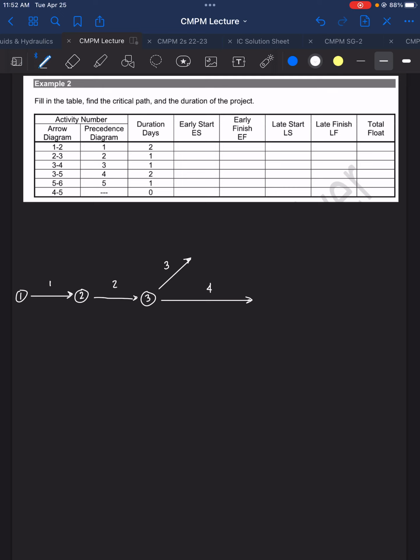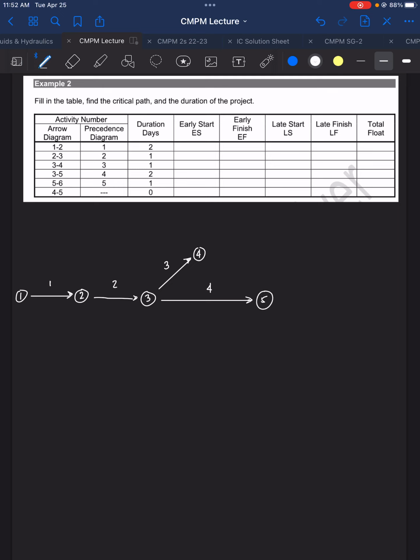This means that activities 3 and 4 cannot start without activity 2 finishing first. Okay, so let's name this node 4, and this is node 5.